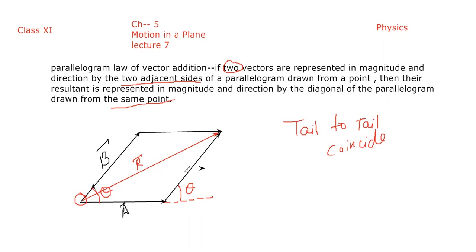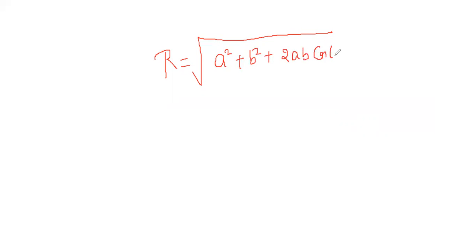The formula is the same. There is no change in the formula in the triangular law and the parallelogram law. The formula is R equal to under root A square plus B square plus 2AB cos theta.